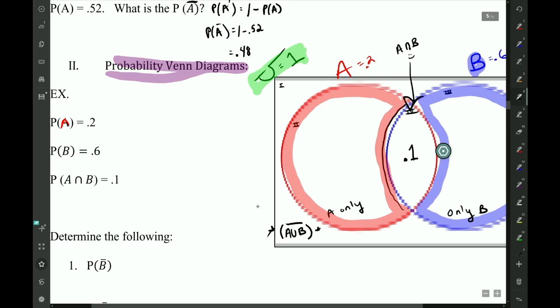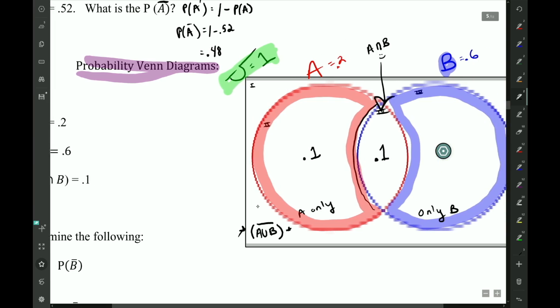If the whole circle is 0.2, then A only must be 0.1, and then B only must be 0.5, because 0.6 minus 0.1 leaves 0.5. Now we have to remember what might be outside. Well, 0.1 plus 0.1 plus 0.5 is 0.7, that means there is a 0.3 chance of missing it all.